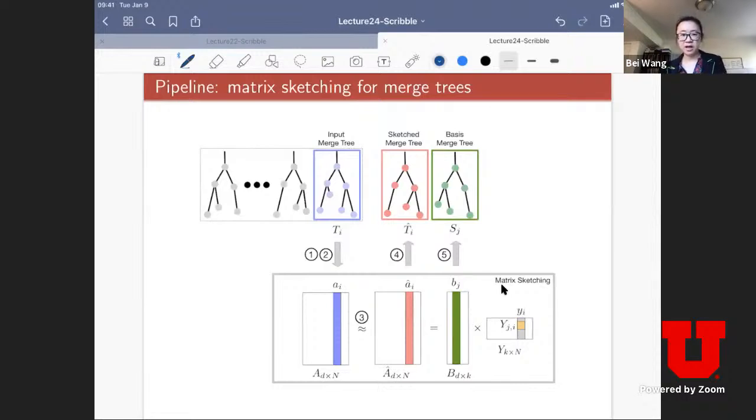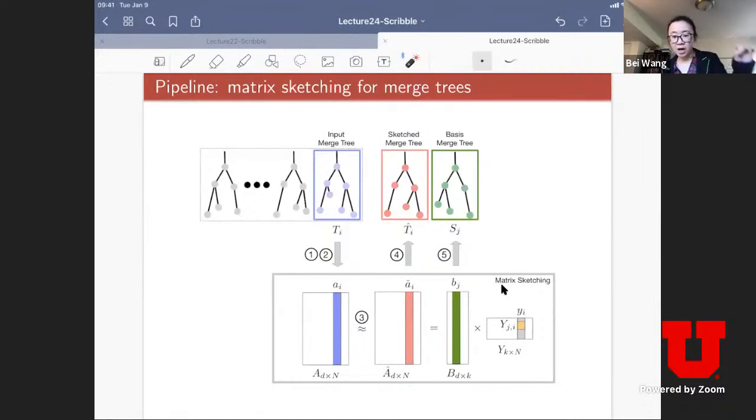So in steps 1 and 2, I have a bunch of merge trees coming from my scalar field, and I'm going to translate each one of them into a high dimensional vector. So each merge tree now becomes a column in my high dimensional input, okay?